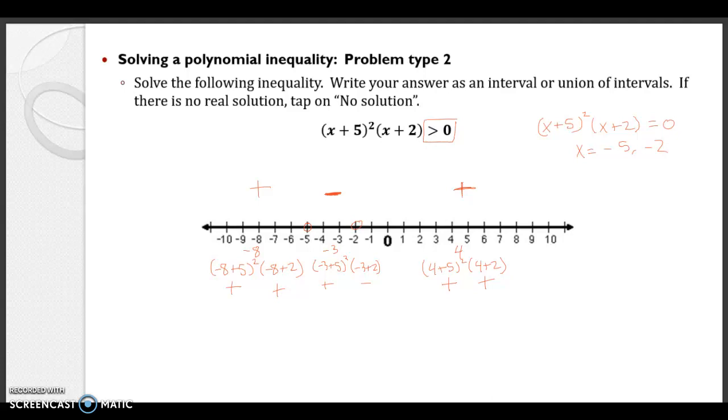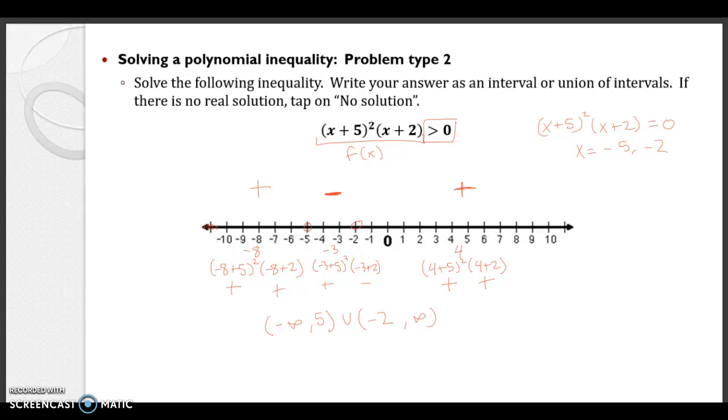And that's what I wanted. I wanted intervals where my function outputs, or this bit, which is my function, were more than zero. So that happens from -infinity to -5, and then from -2 to infinity.